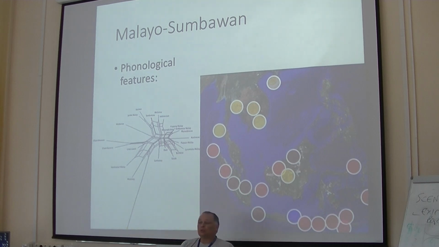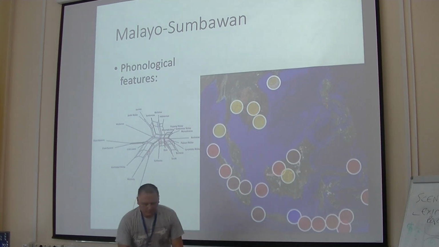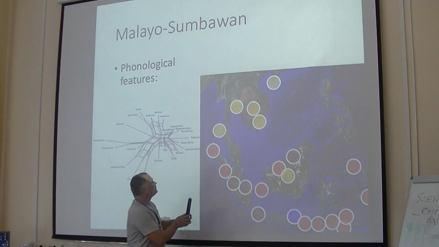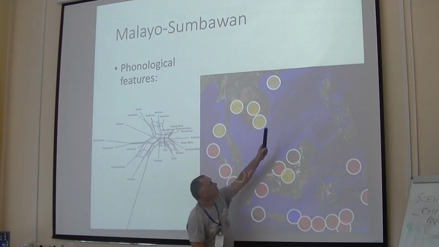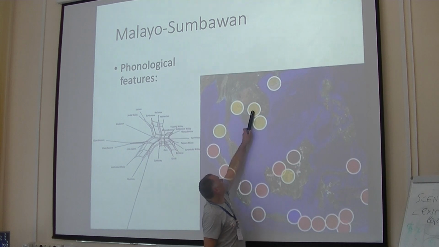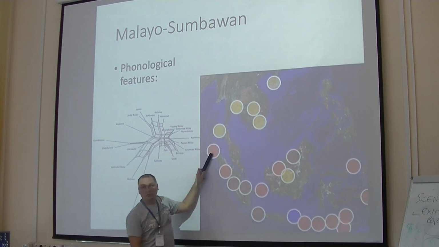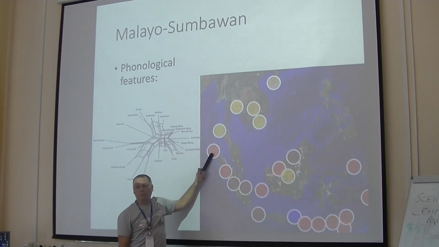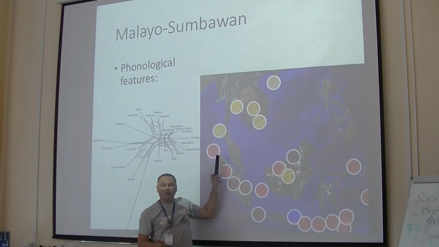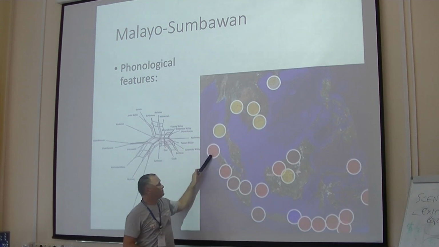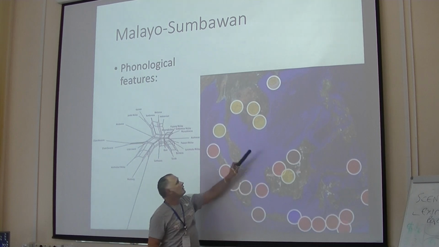The phonological clustering results in these. These dots are now coloured not according to their subgroup, but according to where they fell in the phonological clustering. So the Chamic languages are two Chamic varieties and Achinese. They form a subgroup. But in phonological terms, they don't, because Achinese is part of this group, the red group.